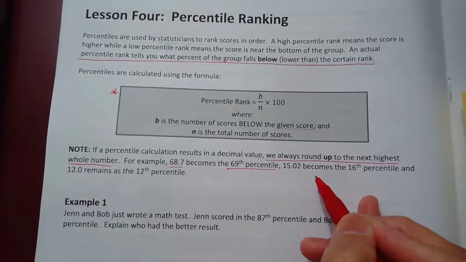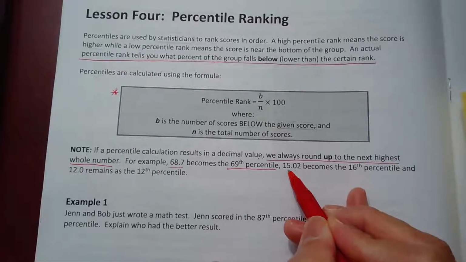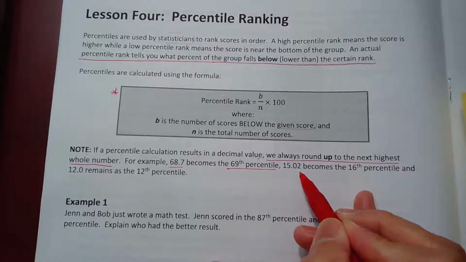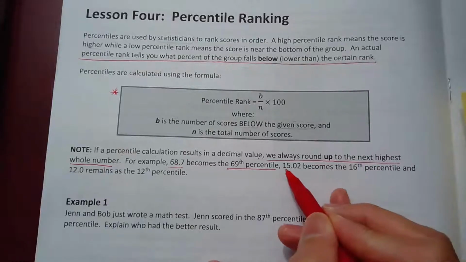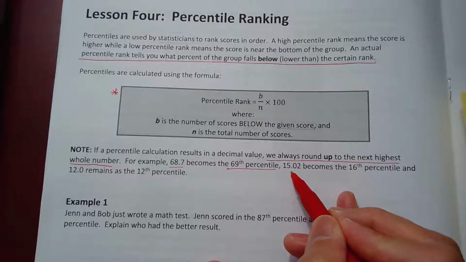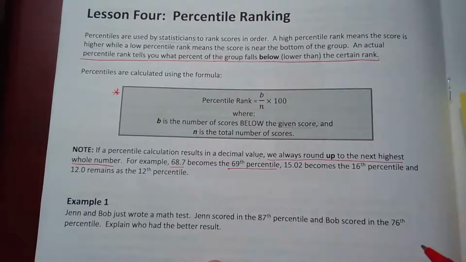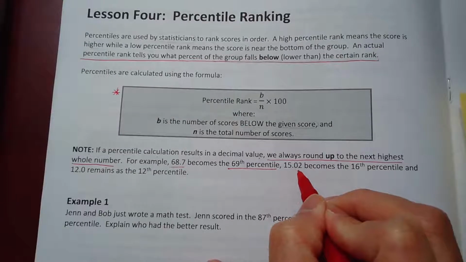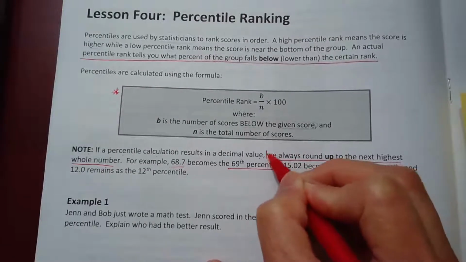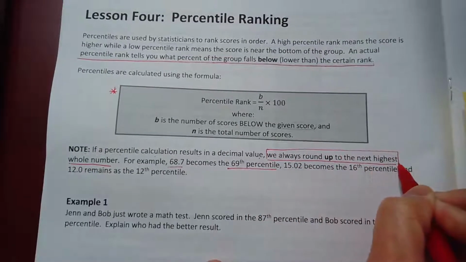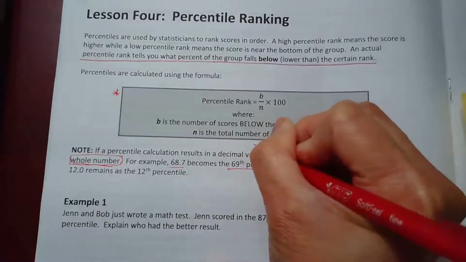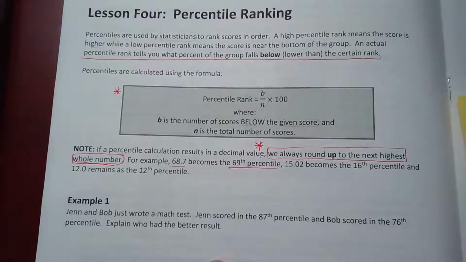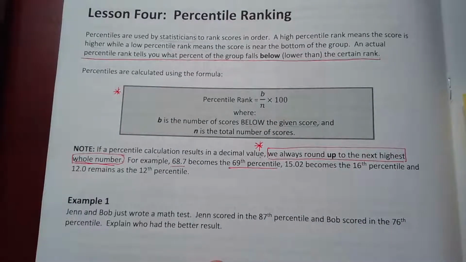Now, over here, let's say we got 15.02. Normally, when we learn about rounding numbers, that would be rounded off to 15. But in this particular case, and this is the only time this is going to happen, we always round up. So I'll put a little star right there as well, to remind ourselves that we always round up to the next number.